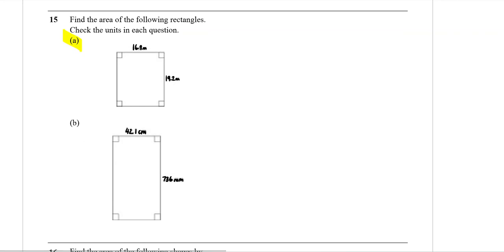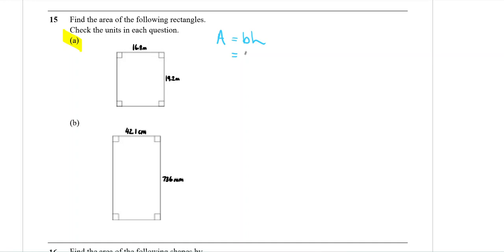Is that 16.8? Okay. So it's a rectangle which has the formula A equals BH. Now I'm just trying to read that number. 16.8.